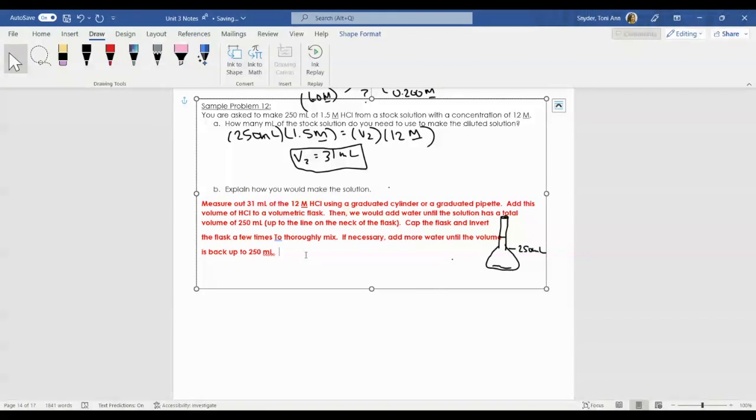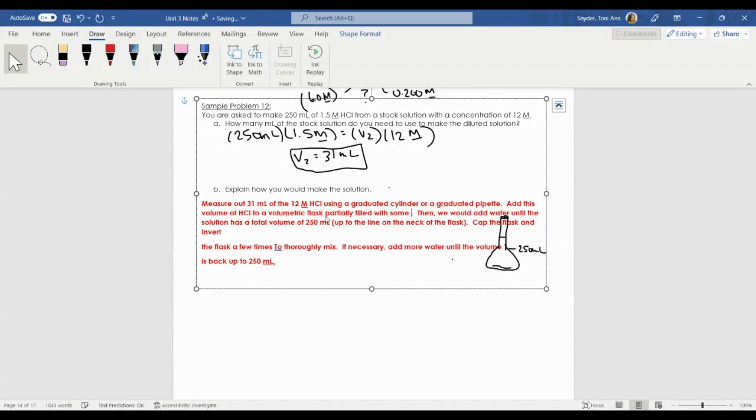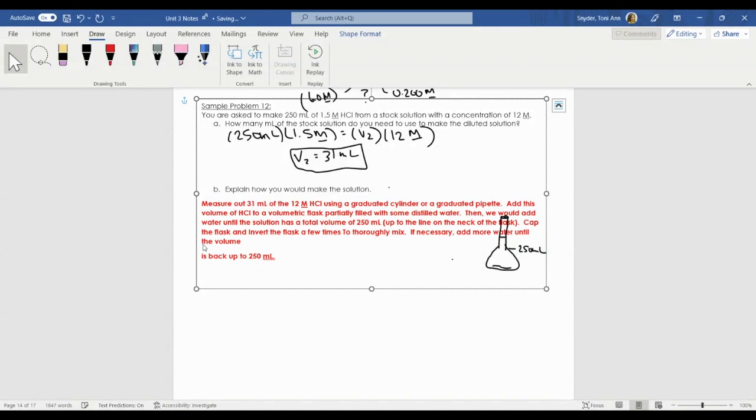So actually we might want to add a little bit of water first. So add this volume of HCl to a volumetric flask partially filled with some distilled water. Just a better practice, I think, and you're going to get some practice with this in class, so no worries.